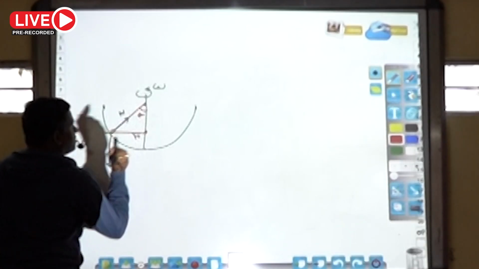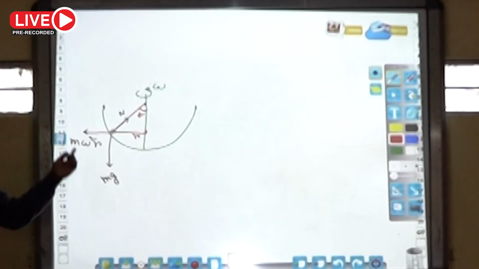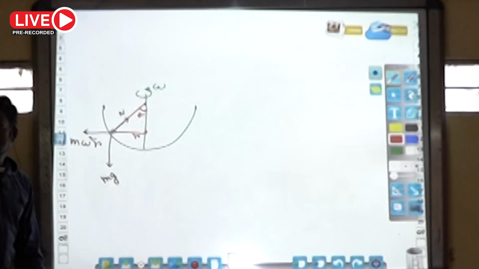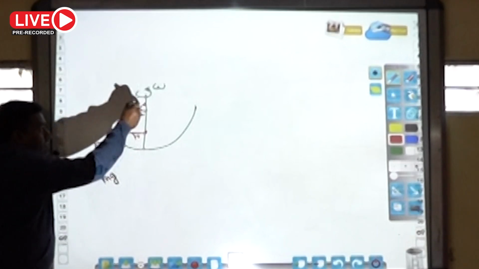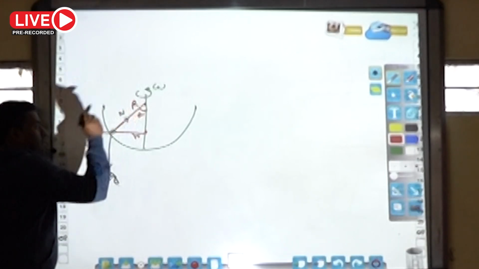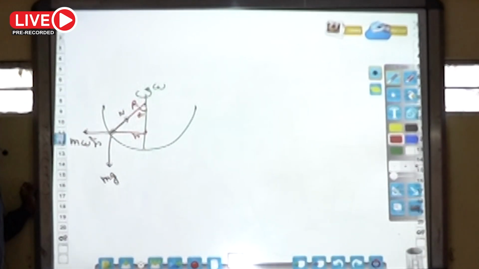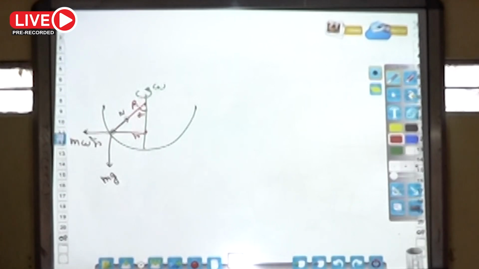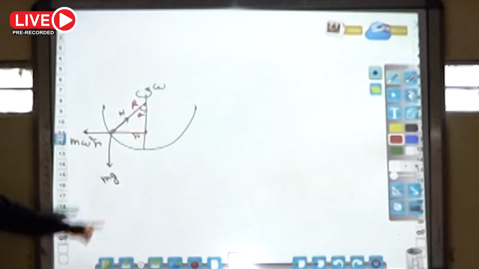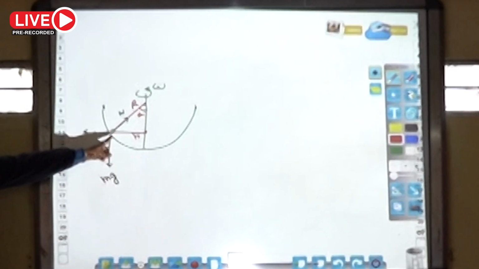Now at this condition the ball is at rest, means net force on the ball is 0 as viewed from the non-inertial frame.